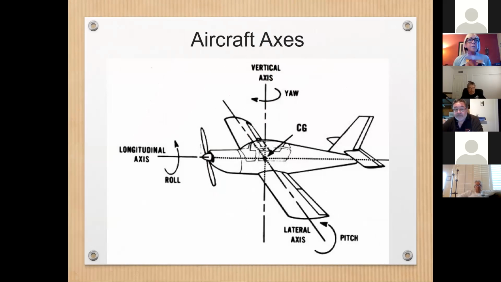Okay, so the aircraft axes. We have longitudinal, which is our banking or rolling motion, and we use our ailerons for that. So let's look at those ailerons. Our ailerons work opposite of each other.